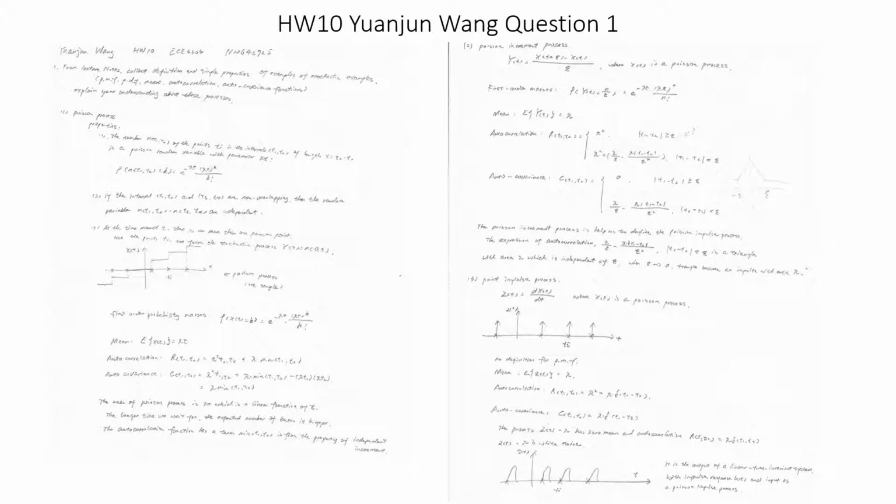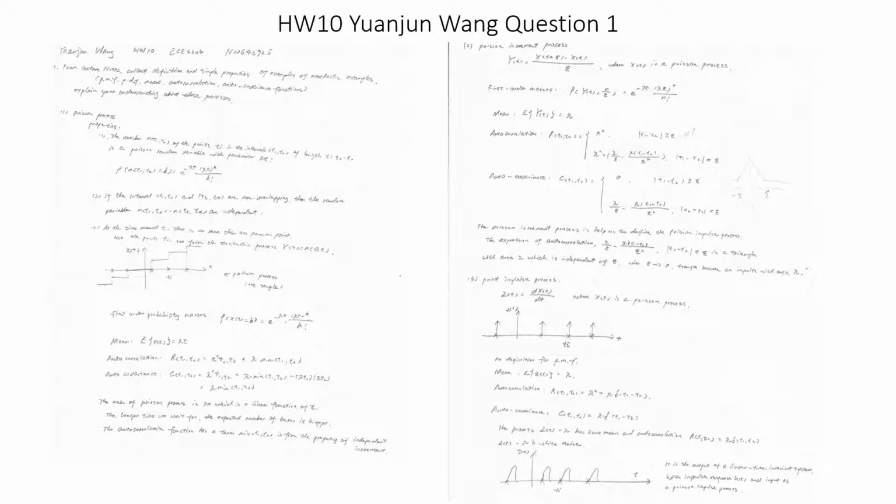So you can write the probability as P of N(t1, t2) equals k is equal to e to the negative lambda t times lambda t to the k over k factorial.